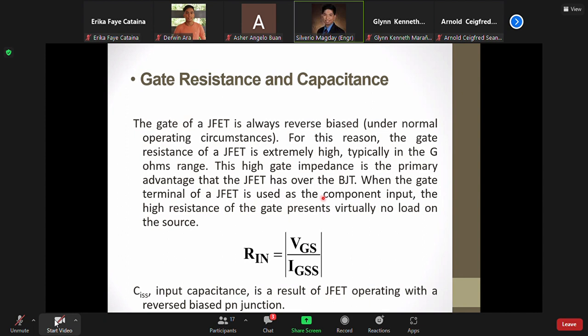So it can control larger values. So when the gate terminal of a JFET is used as the component input, the high resistance of the gate presents no load on the source. So the calculation for Rin is your VGS over your IGSS. While your CISS, the input capacitance, is a result of the JFET operating with a reverse-biased PN junction.